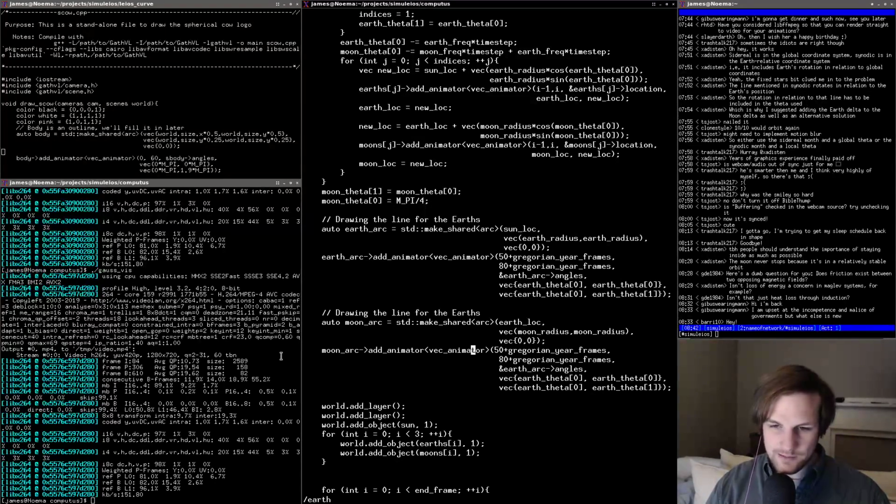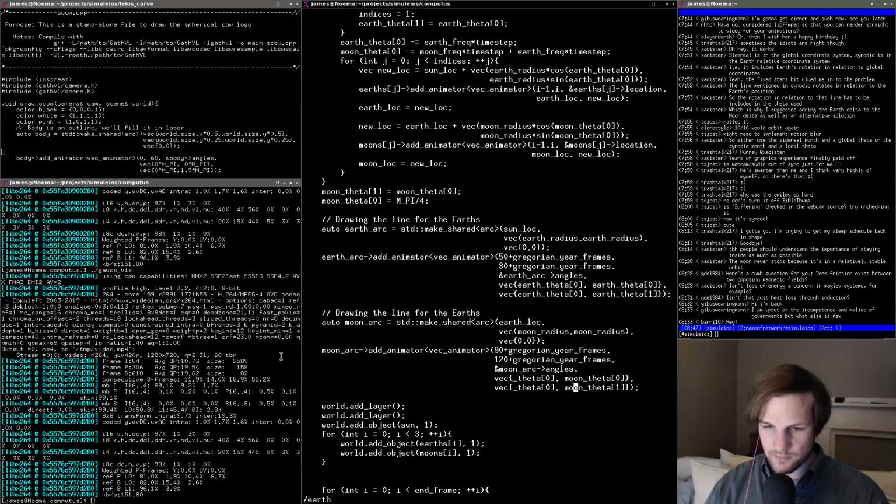This is going to go from 80 plus Gregorian year frames to, let's make it 90. And we'll do 120. Why not? Okay. We'll change this to moon. And change all these guys as well. And this should give us a moon theta.